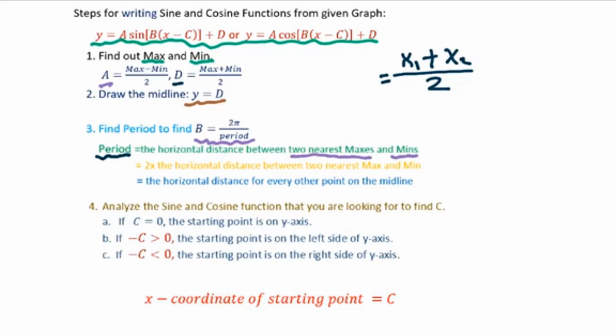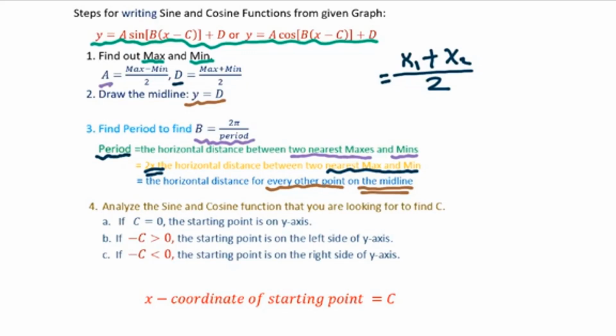Or if you have only one maximum value and one minimum value, then the distance between the nearest maximum value and minimum value, you have to multiply by 2. That's how you get the period. Or the horizontal distance for every other point on the midline. That's how you get the period.